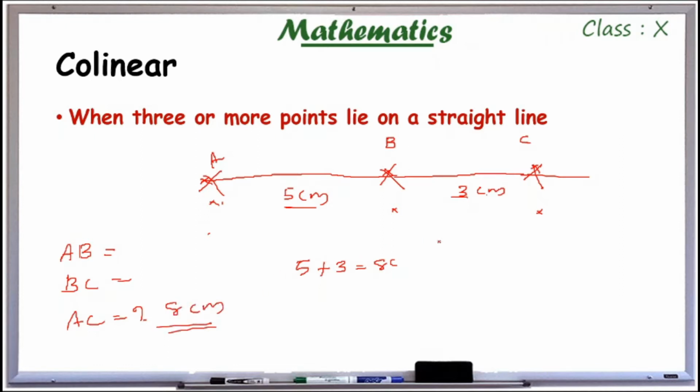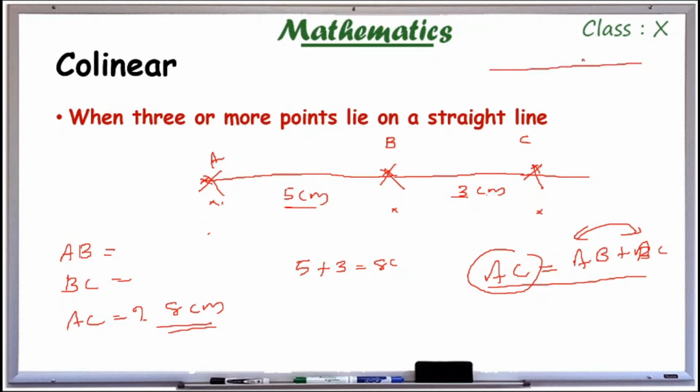So if we can represent a distance as the sum of the other two distances, AC equals AB plus BC, we can say that A, B and C are in the same line.